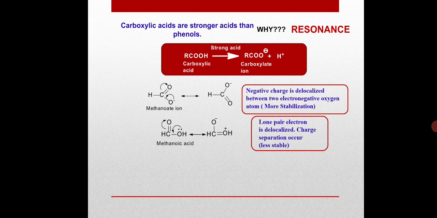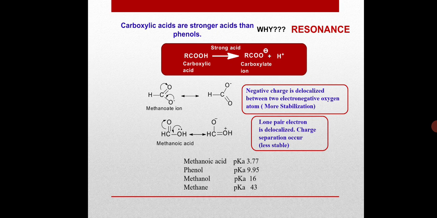And so, since methanoate ion is more stable, methanoic acid quickly gives a proton and goes to methanoate ion. So carboxylic acids are very acidic because of the stability of the carboxylate ion.